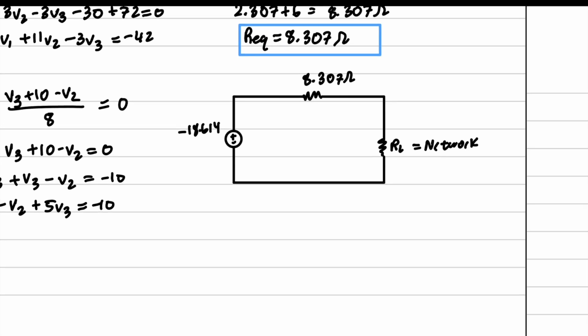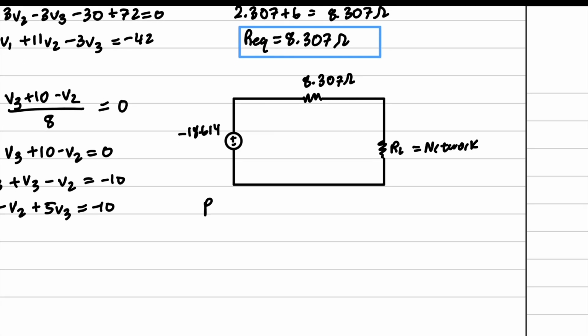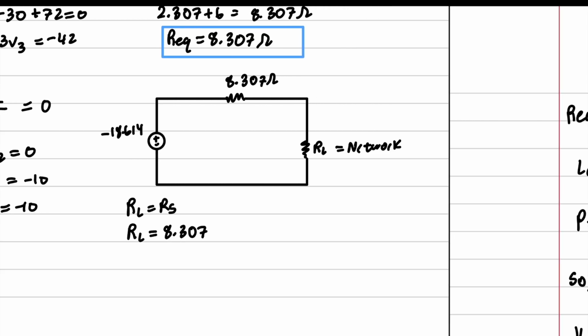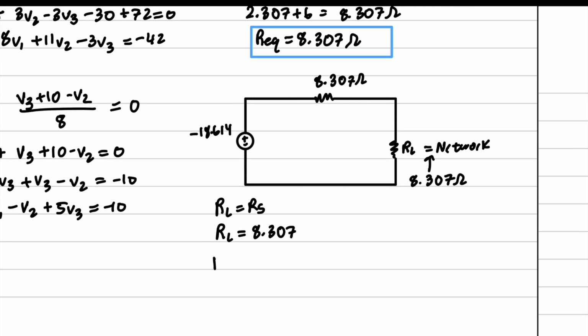Remember, RL is equal to RS, so therefore RL is equal to 8.307. So the network, ideally, if we want max power, should be 8.307 ohms. Okay? And our PL, the max power we can extract from this, is going to be negative 18.614 squared divided by 4 times 8.307.